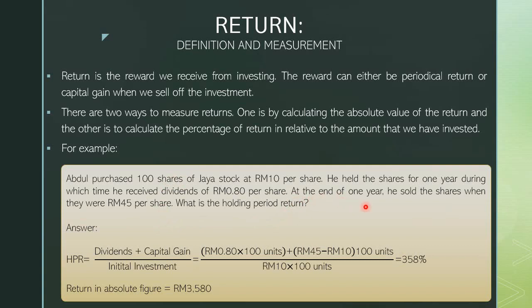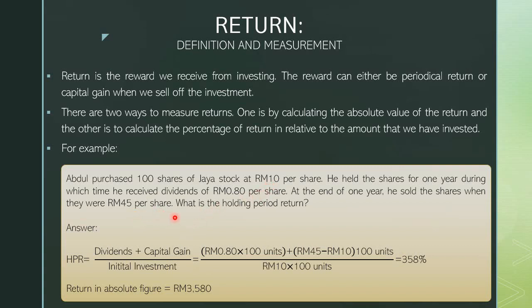However, at the end of 1 year, he sold the shares when they were 45 ringgit per share. When he sells off the shares, this is what we call a capital gain, where we sell for more than what we purchased. But if we are selling for less than what we purchased, then we call that a capital loss.